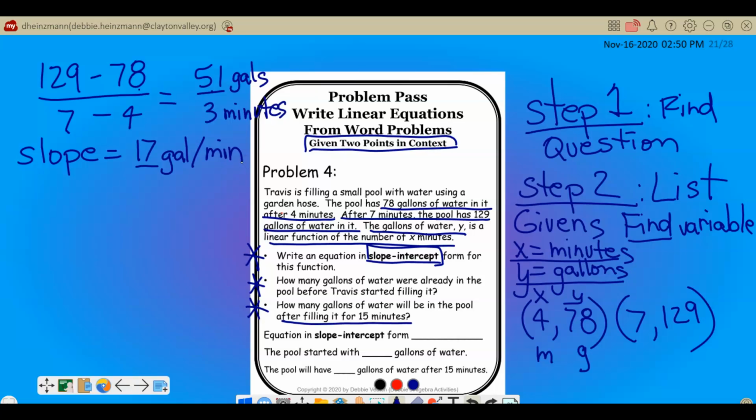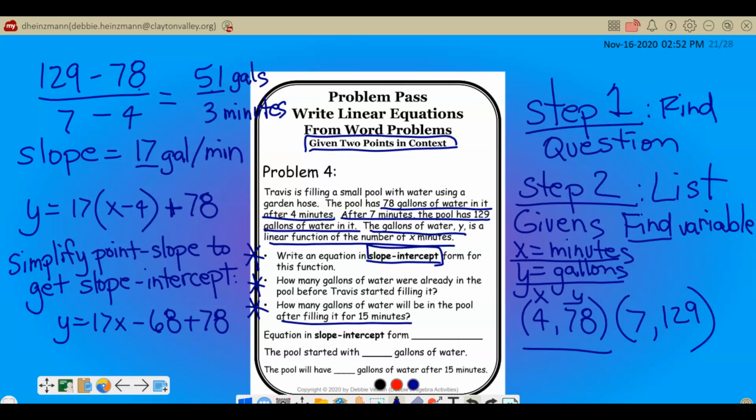Now let's plug this into the point slope. So you know I always like to say choose the smaller of the 2 points. So I choose (4, 78). So let's plug those in. My slope is 17. So I've got y equals 17 times x minus 4, okay, plus 78. Alrighty.